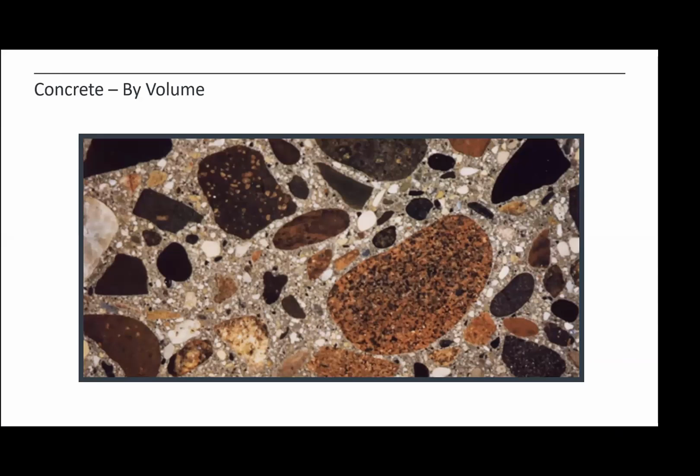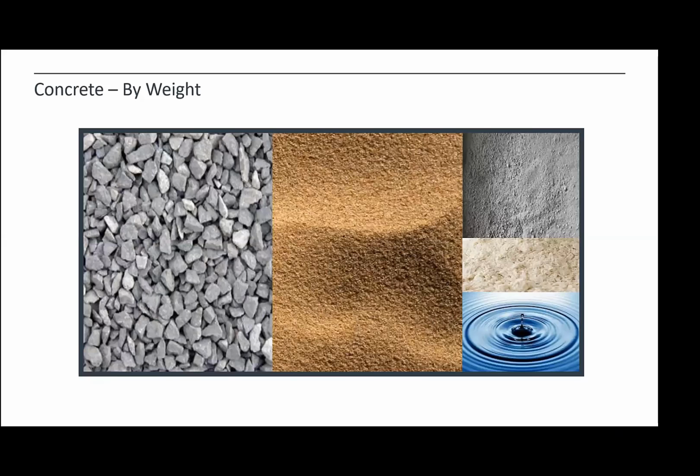If we strip this back and look at the concrete as a slice through a cylinder, we see it represented by volume. An awful lot of it is the gravel or aggregate, with the paste and the sand filling in the spaces in between. We can look at that same cylinder by weight, by mass, and we see that most of the weight is in the coarse aggregate and the sand, with the balance being cement.